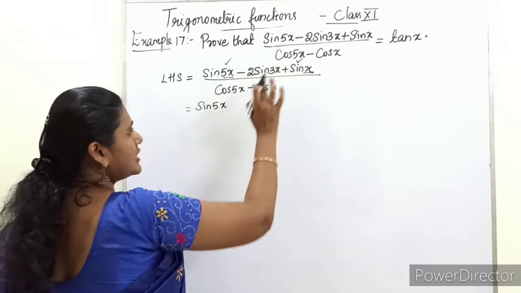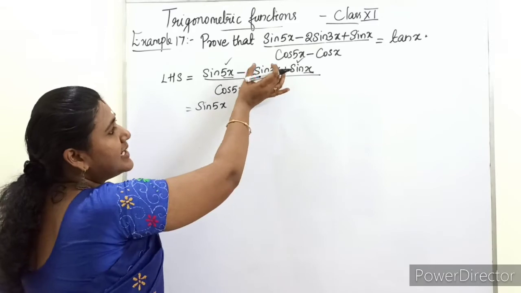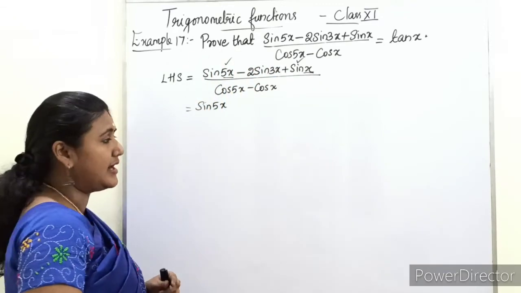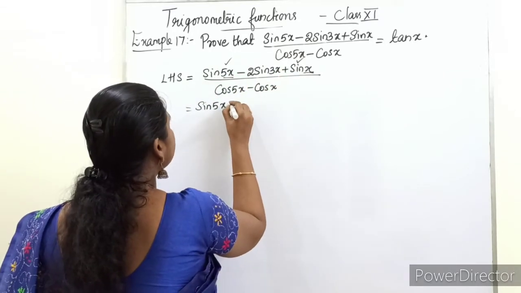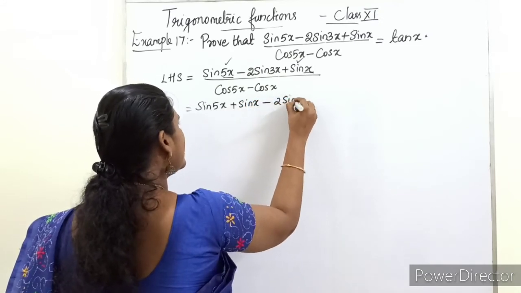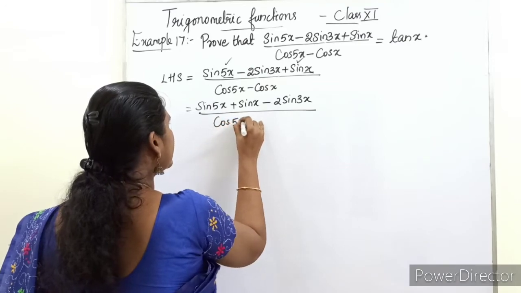When you simplify these two, you will get a sin 3x term, and the same sin 3x term you have in the second term also, so you can take it common outside. That is why we are grouping these two terms: (sin 5x plus sin x minus 2 sin 3x) divided by (cos 5x minus cos x).